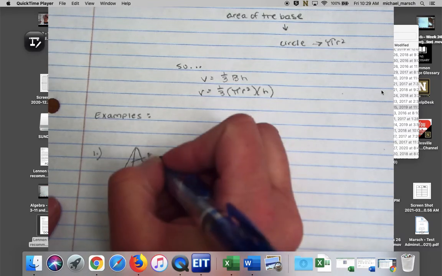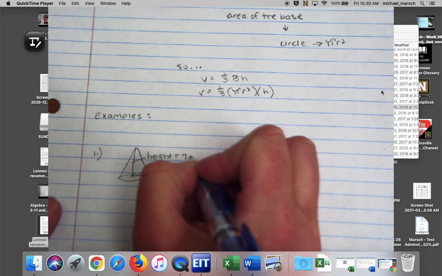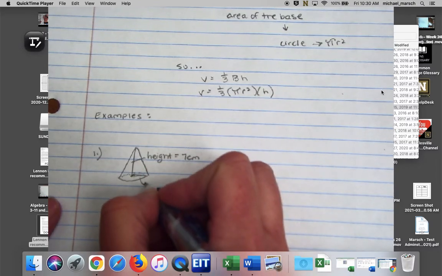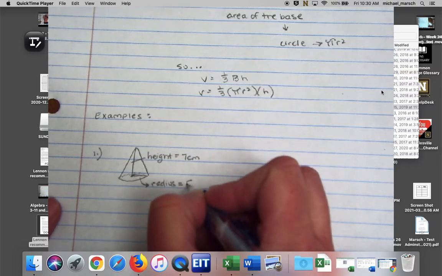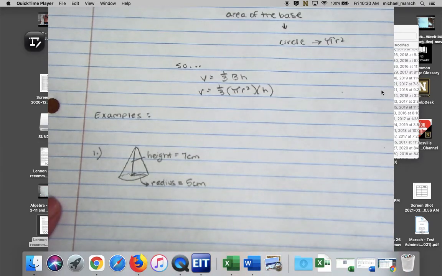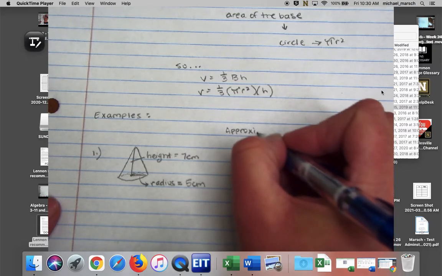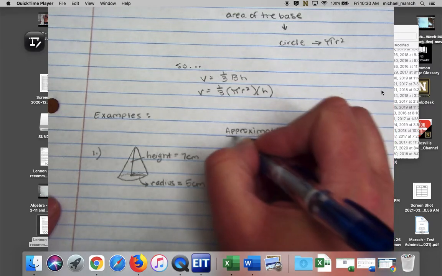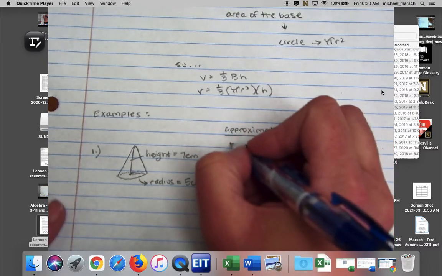So our height equals 7 centimeters, and our radius equals 5 centimeters. So we're going to do the exact same thing. We're going to have an approximate value, and we'll also do exact values. So we're going to write the formula.